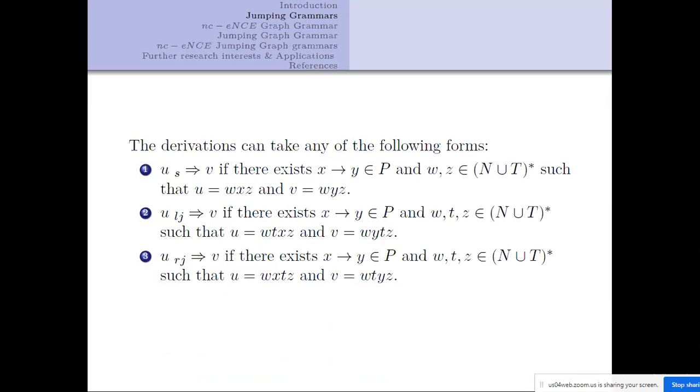If your derivation is of the form U to V using left jumping, then if the string was of the form W T X Z, after applying X goes to Y with left jumping, you will replace X with Y and move towards the left, that is, to the left of T. This is what happens. Right jumping is similar, jumping towards the right. So this is the base information of how jumping grammars work.